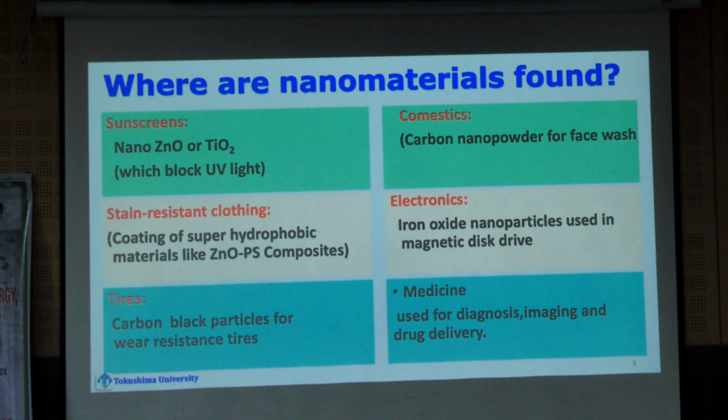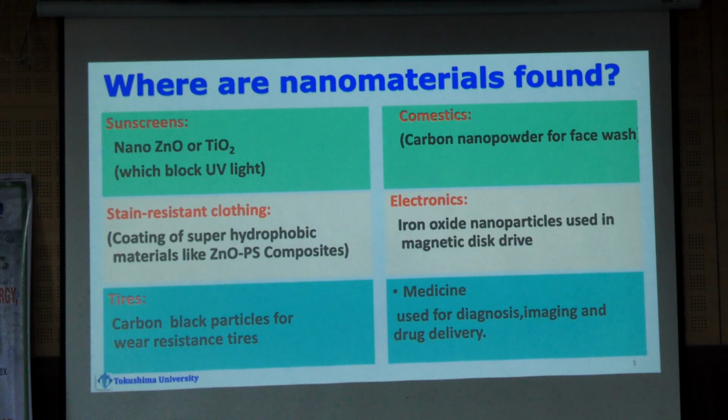Whenever you are buying or using these products, remember they are made up of nanomaterial.